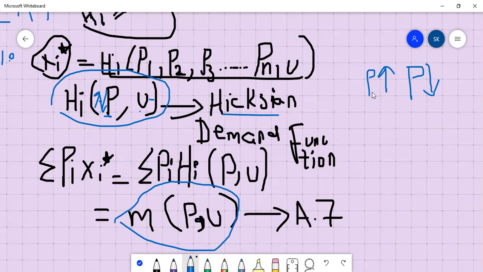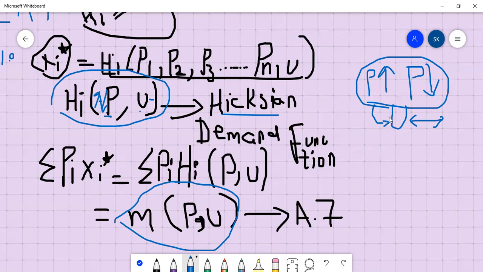Because even if the price increases or decreases, the utility remains the same. That is, it does not increase or decrease. So as a result of a change in the prices, we have to compensate for the effect of the price change. Because of the price change, the utility will neither increase nor decrease, it will remain the same. We will have to compensate this change in such a way that the utility remains the same.